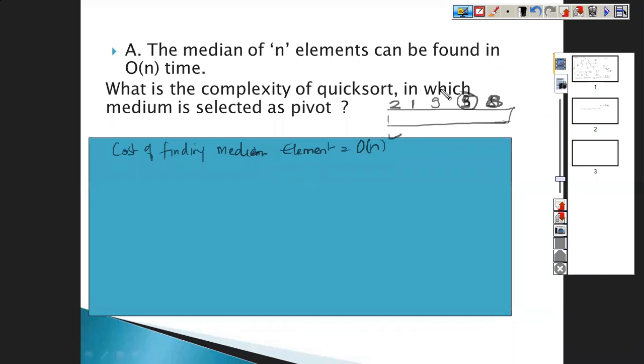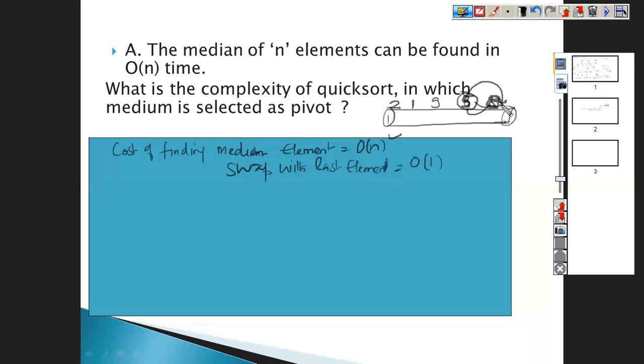After that, in order to apply quick sort, the algorithm which we have discussed only works with the first element and the last element. So you need to bring this element to the last position. You will swap this element, bringing 8 here and 5 here. The effort required to swap with the last element is just a constant operation.